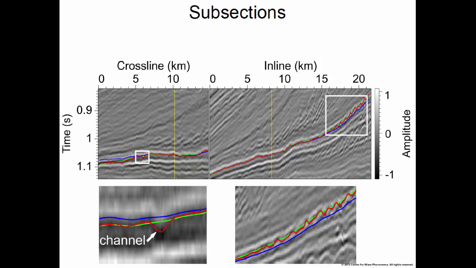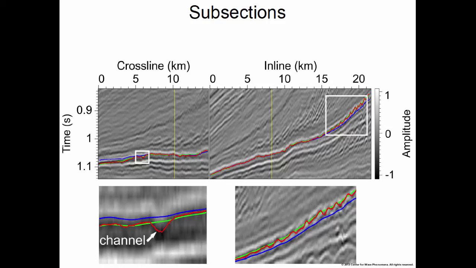To look closer in these subsections, we can see that both the extracted surfaces without the refinement do align with the reflector structures, but they do not align with the amplitude troughs as we expect.